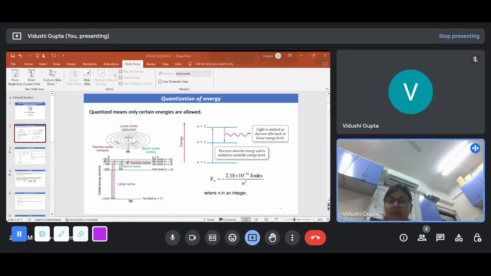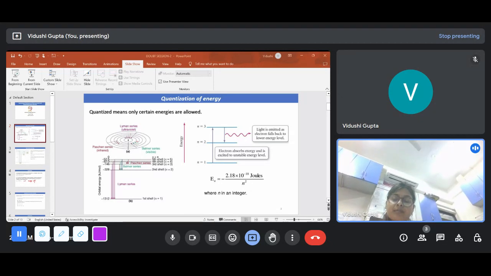Then Lyman, Balmer, Paschen, Brackett and Pfund are the hydrogen spectral series, where Lyman series is obtained in the UV, Balmer is obtained in the visible, Paschen is obtained in the IR, while the Brackett and Pfund series are obtained in the far IR region.